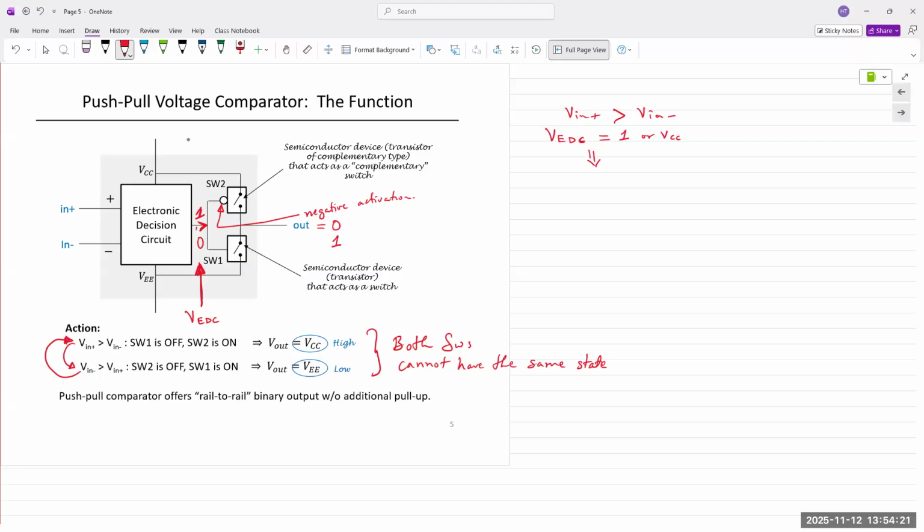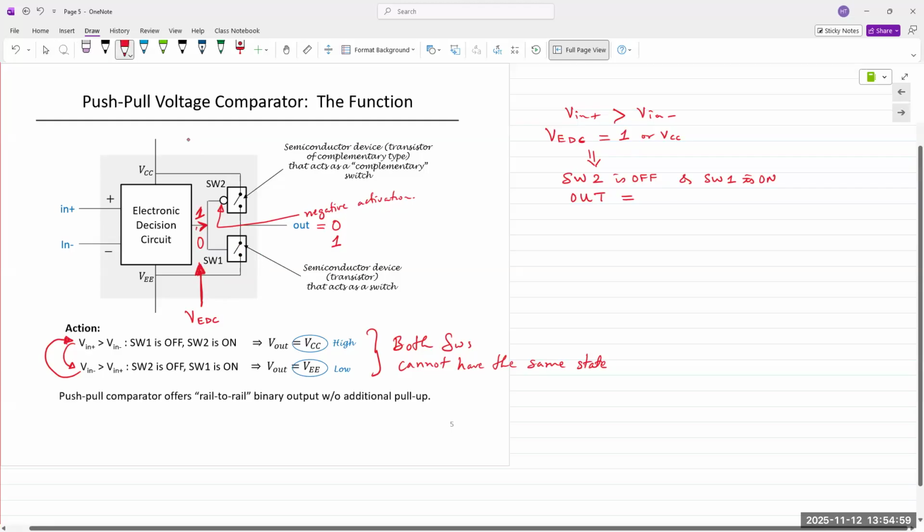If VEDC is 1, then SW2 is off and SW1 is on. If SW1 is on, what is out? This is on, so my output is connected to VEE.